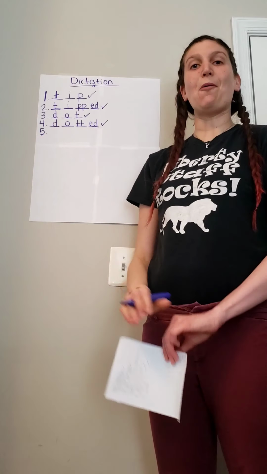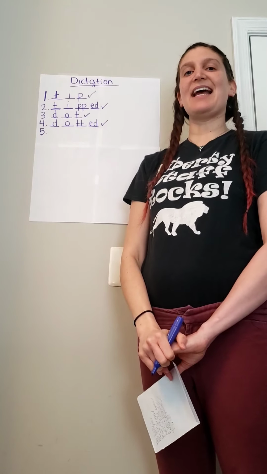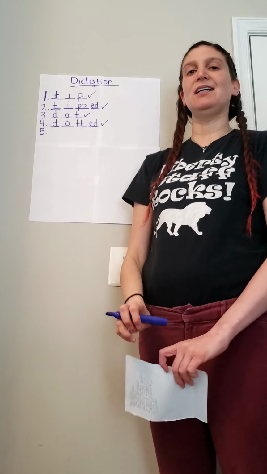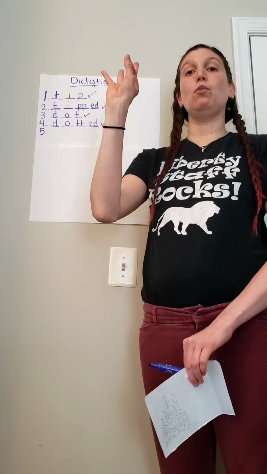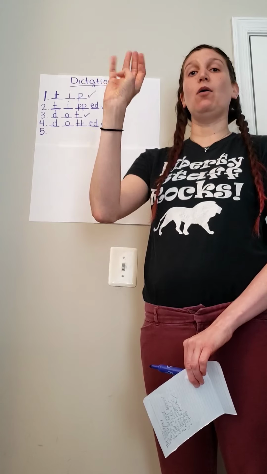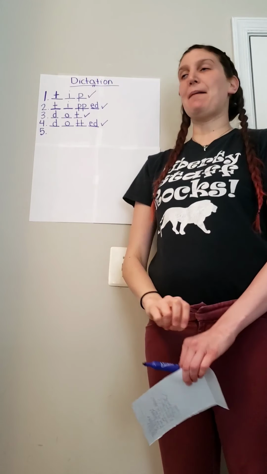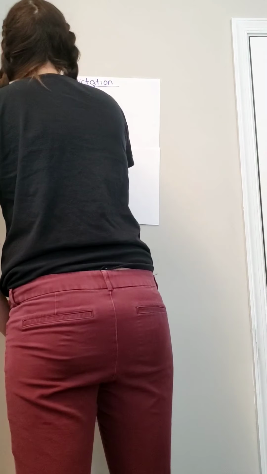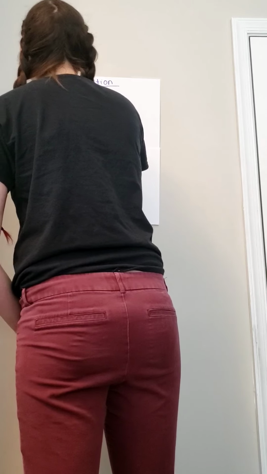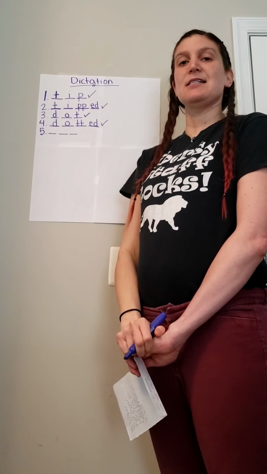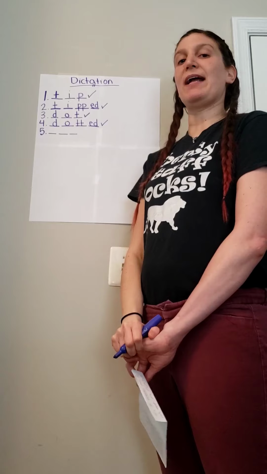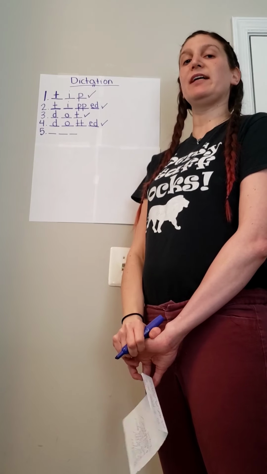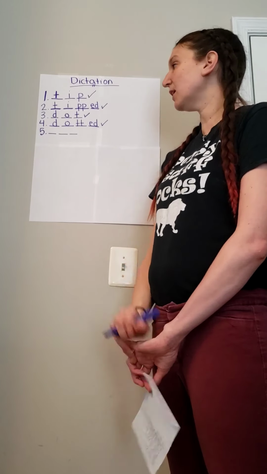Your word is wag. Say it. Wag. Tap it. W-ag. Wag. Map it. W-ag. Take this time to write the letters you hear for each sound.